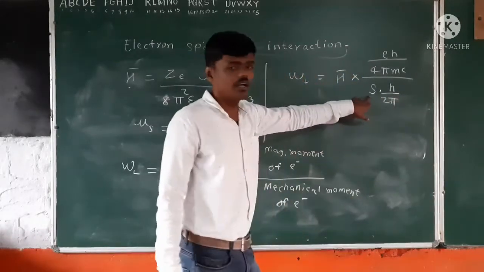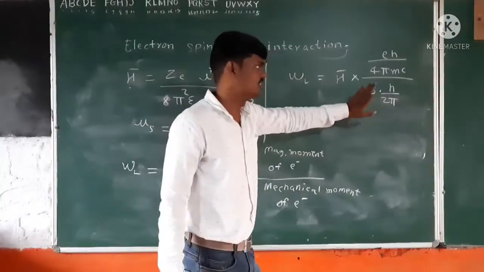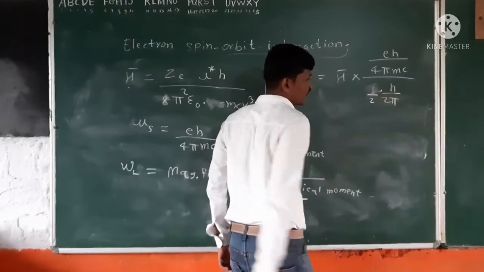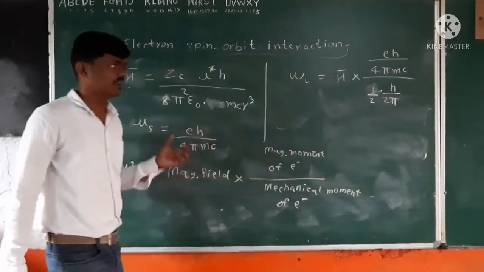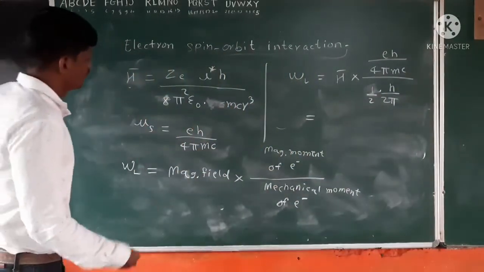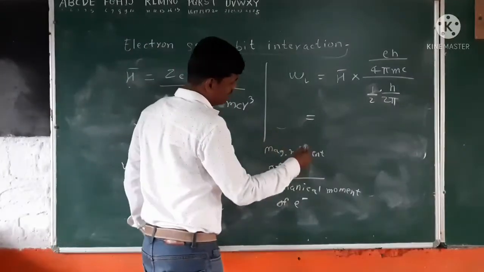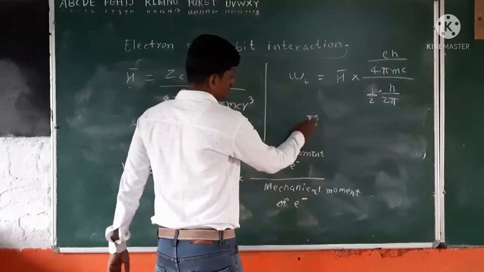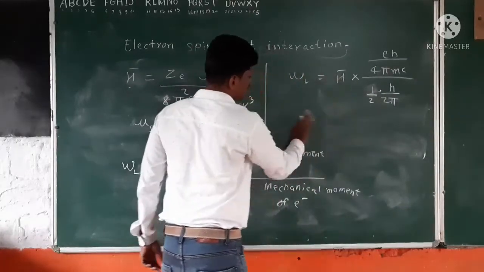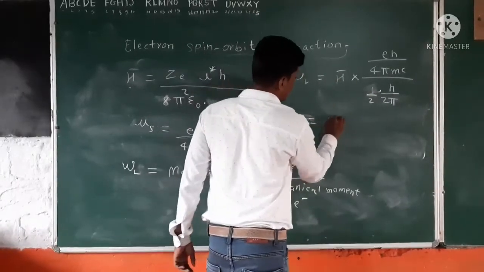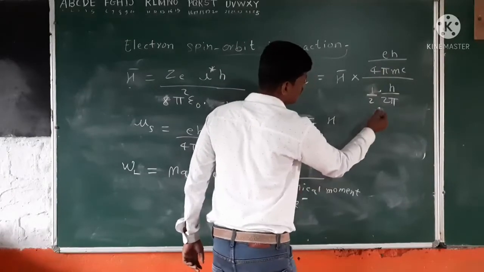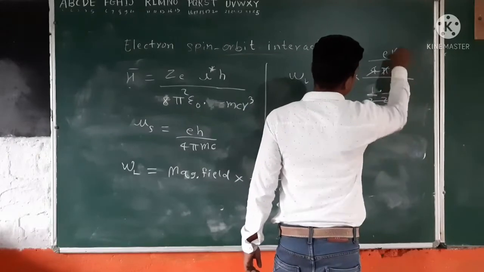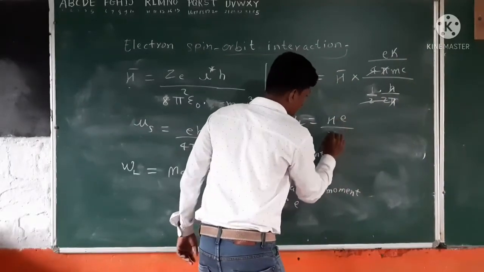S is the total resultant mechanical spin, which we know for the electron is half. We have the value of h, but we will put it later. So omega L will be H, and here the 4 pi goes, h goes, it is nothing but H e by mc.